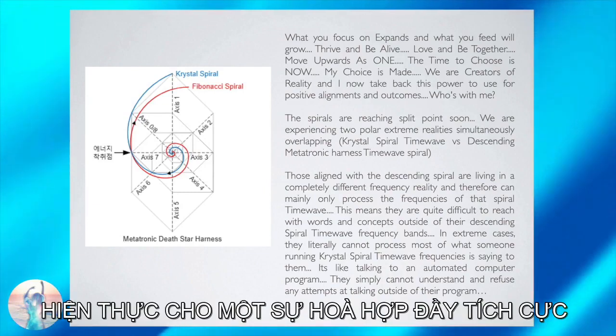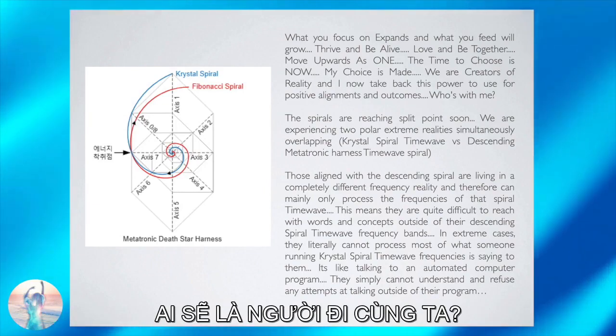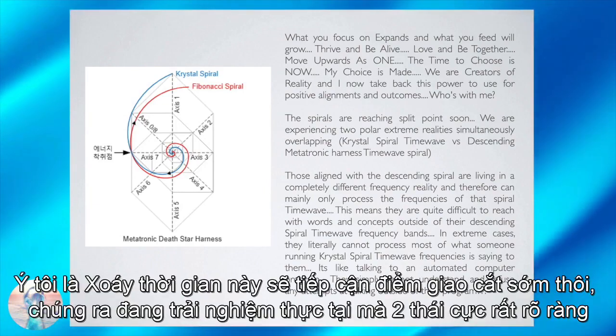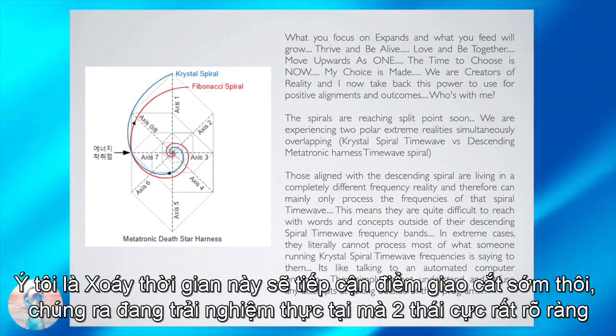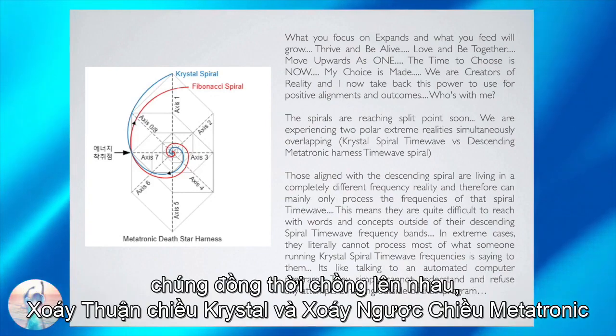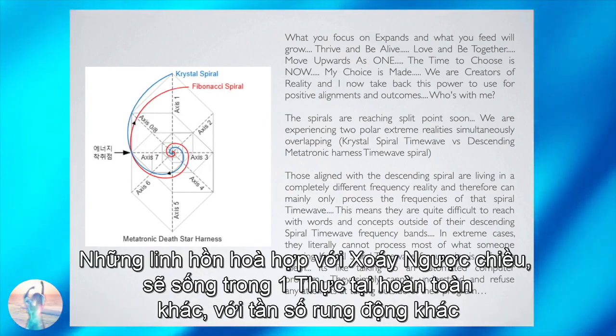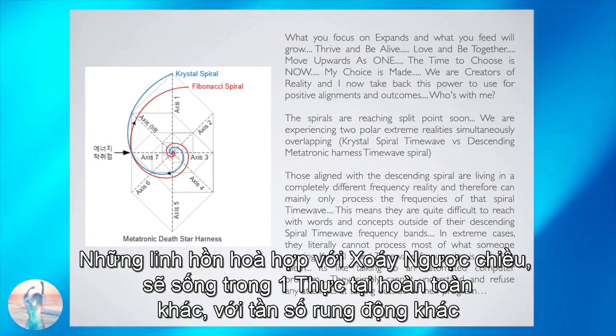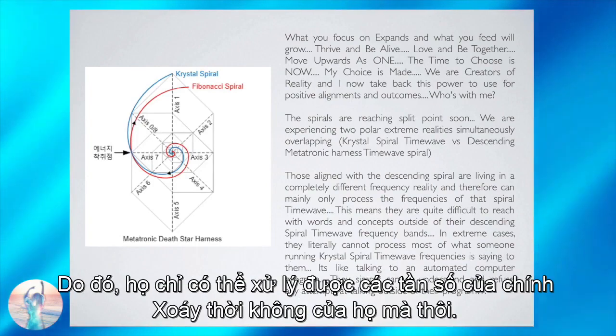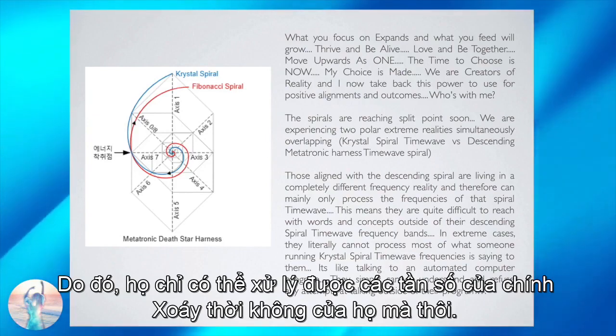I mean, come on. The spirals are reaching the split point soon. We are experiencing two polar extreme realities simultaneously overlapping: the crystal spiral time wave versus the descending Metatronic harness time wave spiral. Those aligned with the descending spiral are living in a completely different frequency reality, and therefore can mainly only process the frequencies of that spiral time wave that they're on.